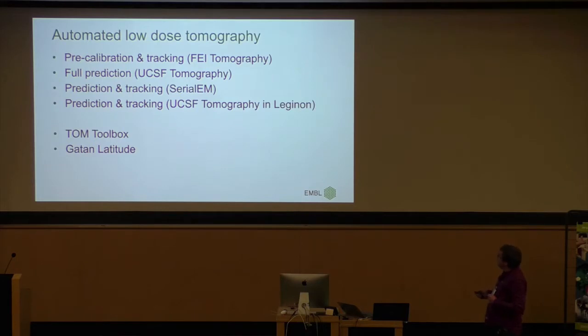At the same time, there was full prediction by UCSF tomography that says, I just start to tilt and measure the shifts, and I just fit it to a perfect rigid body rotation, which worked really nice for Agard because he had really nice stages. David Mastronarde, serial-EM, however, David is the absolute master of getting the worst microscopes with the worst stages and the worst alignments still to collect the tomogram. That's really pretty amazing from serial-EM.